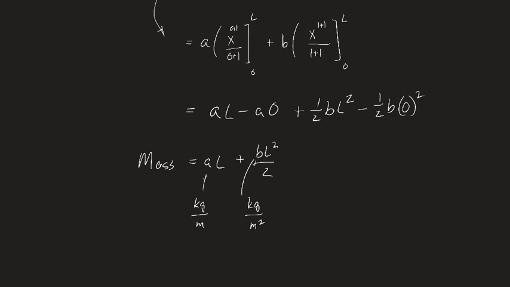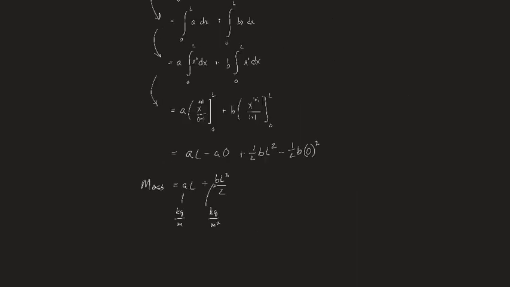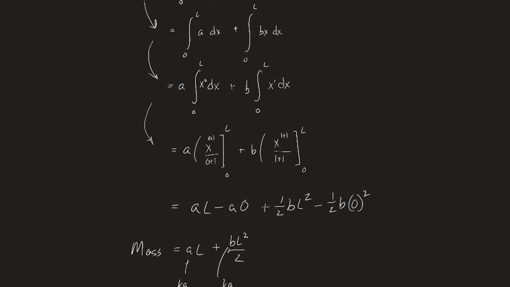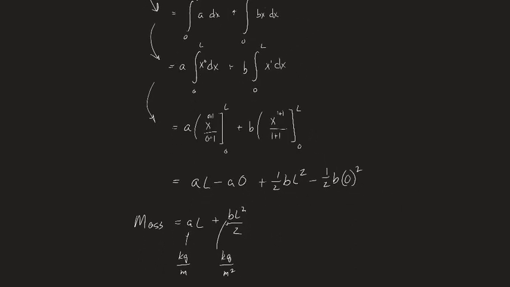We're doing more than that. We are replacing the x. That was the placeholder. We were integrating with respect to x. And x had to start at one end of the bar, 0, and end at the other end of the bar.